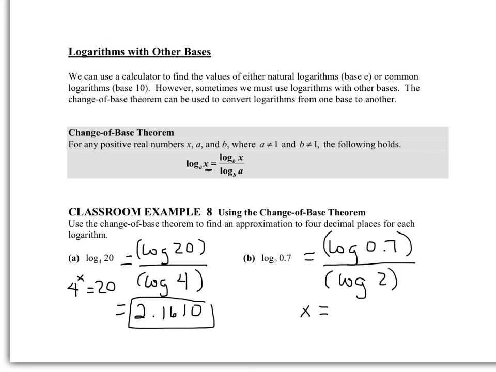That was something that was between 0 and 1, and I actually get a negative 0.5146 if I went 4 places to the right of the decimal. Again, if this were back in exponent form, it would mean 2 raised to what power would equal 0.7. Well, the only way I can put an exponent on that and get something that's smaller than 2 is if that happens to be a negative exponent. So that answer is logical. And that's all there is to the change of base theorem.